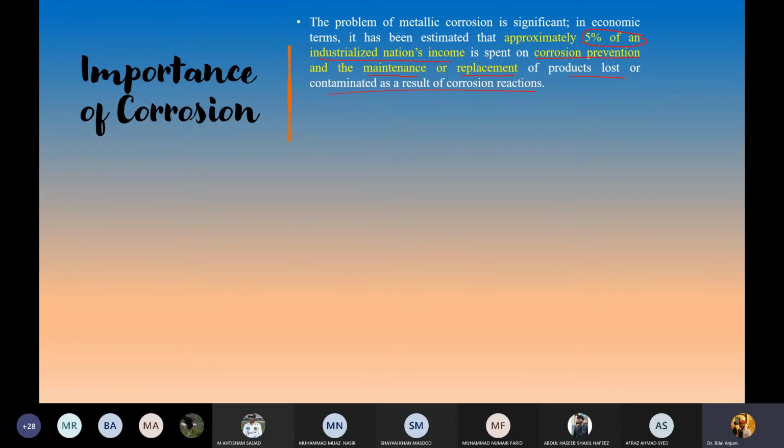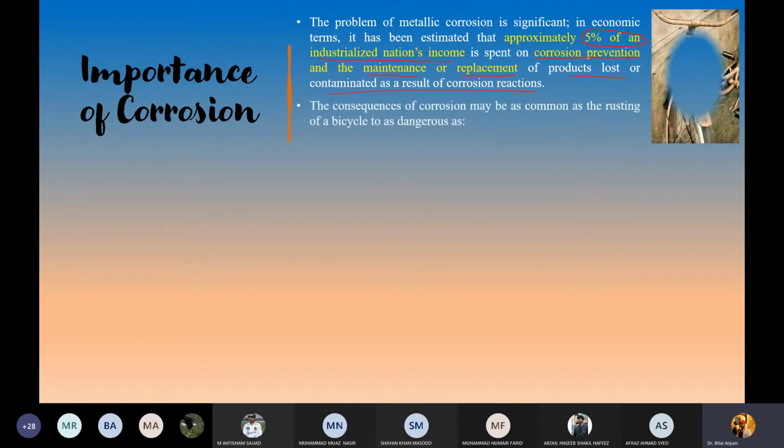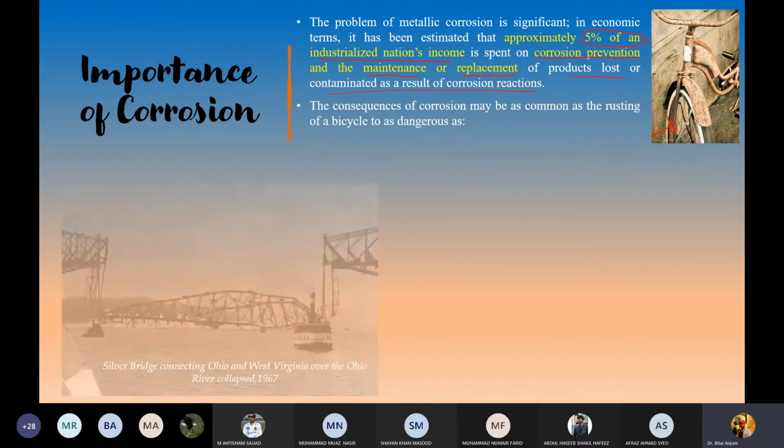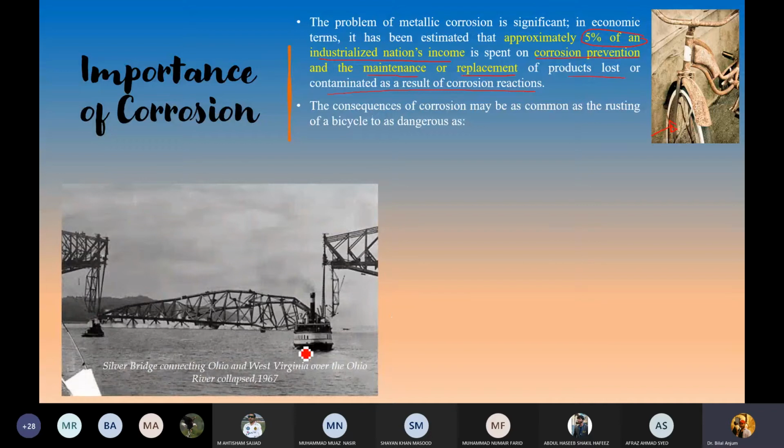And if we want to analyze the relevance of corrosion to our daily life, it could be as simple as the rusting of a bicycle at the corner of your street, or as dangerous as the falling of the Silver Bridge, which was connecting Ohio and West Virginia in 1967, due to the corrosion of the components holding the bridge.